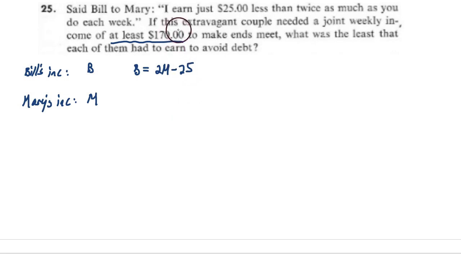The next sentence says, this couple needs a joint income of at least $170. So that means that Bill's income plus Mary's must be at least, or greater than or equal to, $170. Let's solve this inequality. But because it has 2 letters, let's replace the letter B with 2M minus 25.